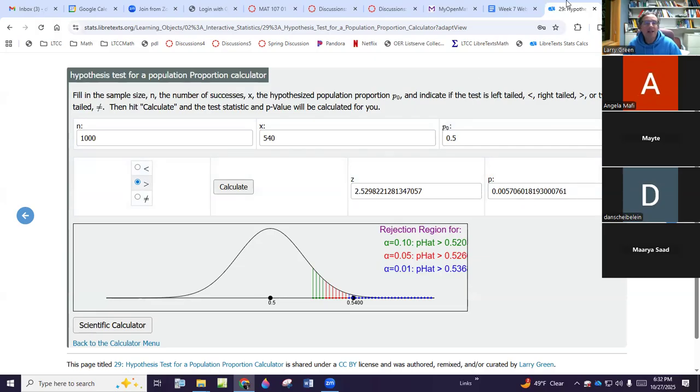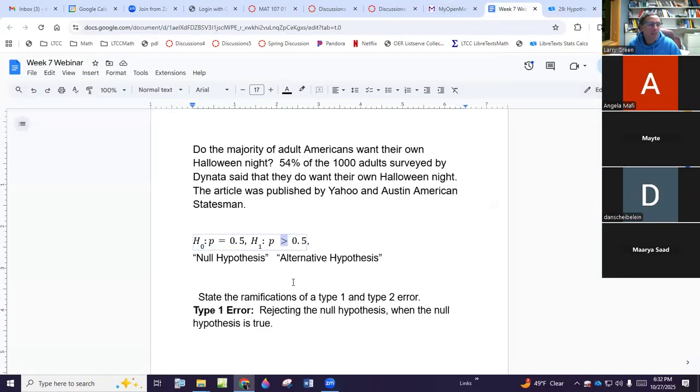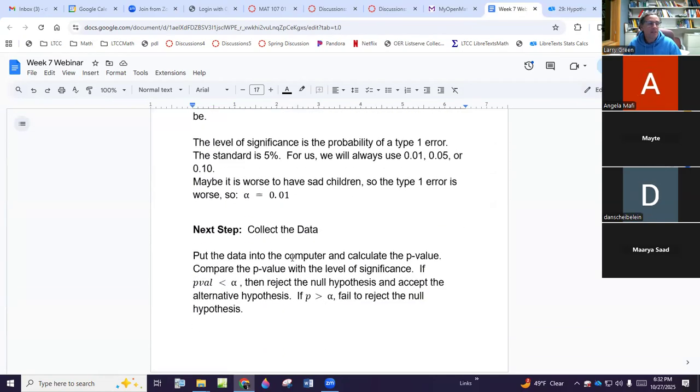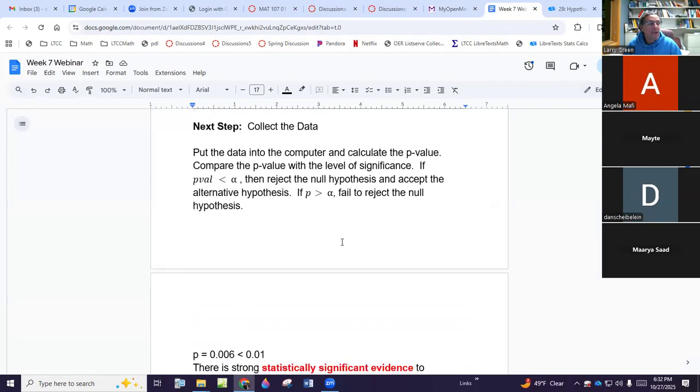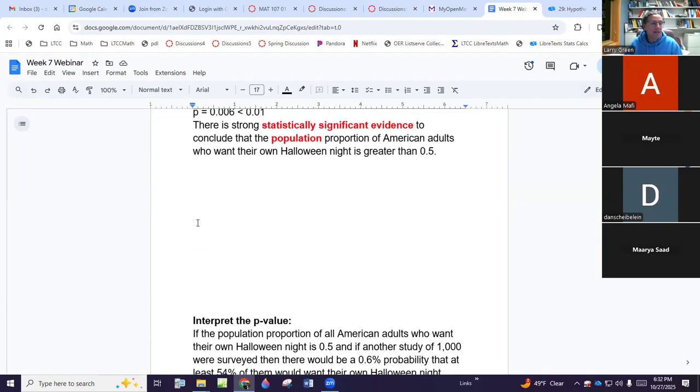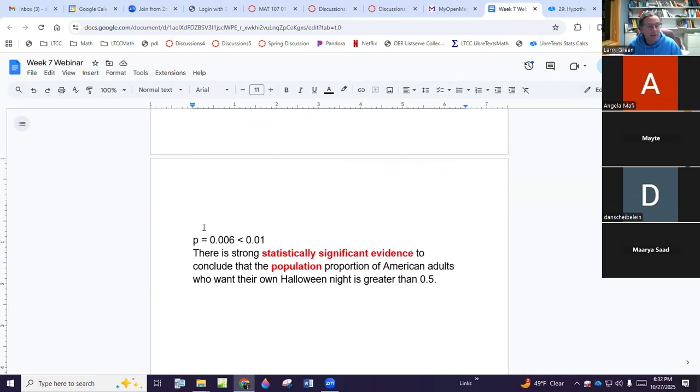All right, so now let's put these things in. So the test statistic, I'll just copy and paste. And let's write this down. I don't think I put it there, so I'm going to put it here.